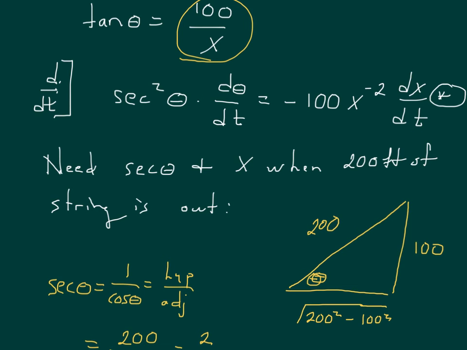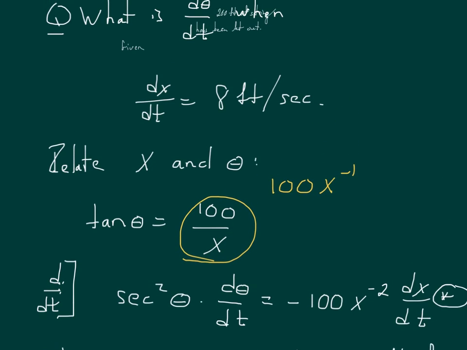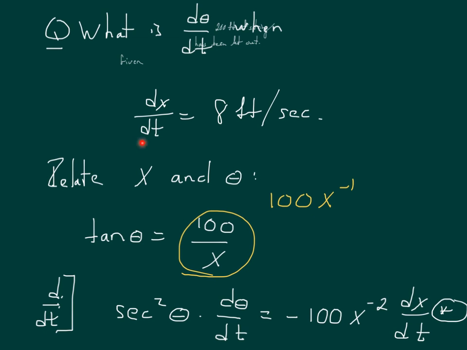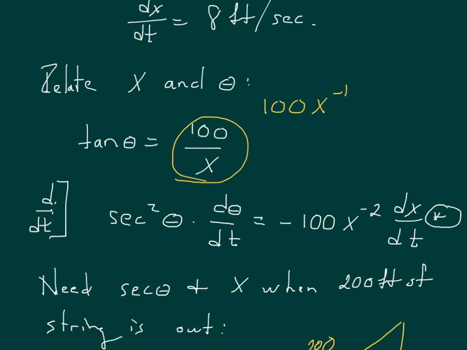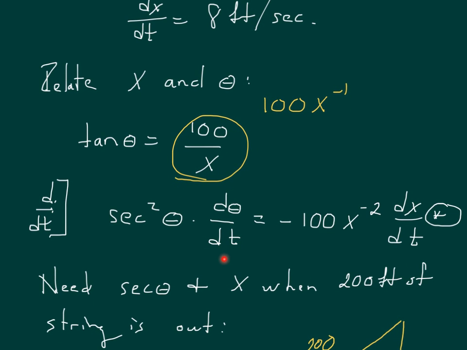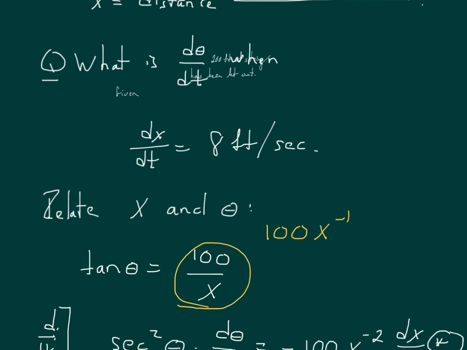If we look up above, we'll see it. There it is. dx dt is 8 feet per second, so we'll replace that dx dt down here by 8. And if we do that, we'll be able to solve for d theta dt, which, if you go up again, is exactly what we are trying to find, d theta dt when 200 feet of string has been let out.